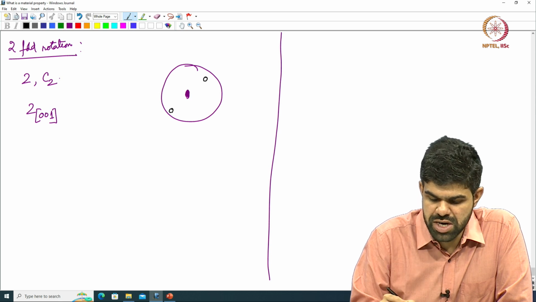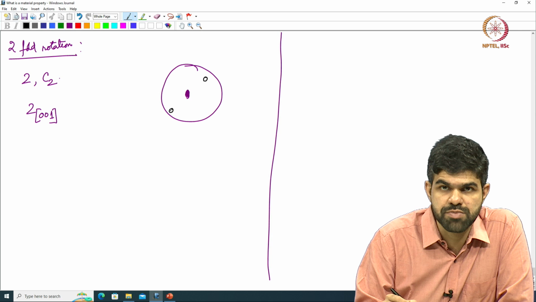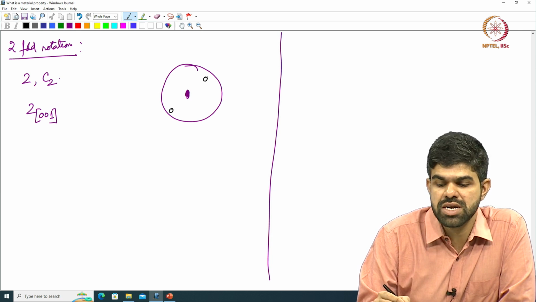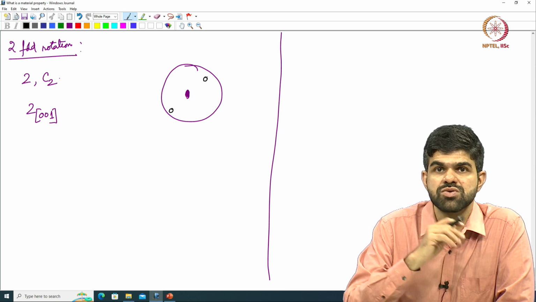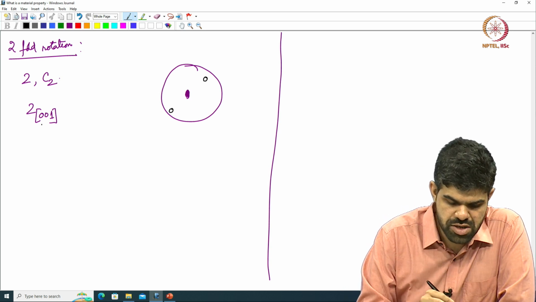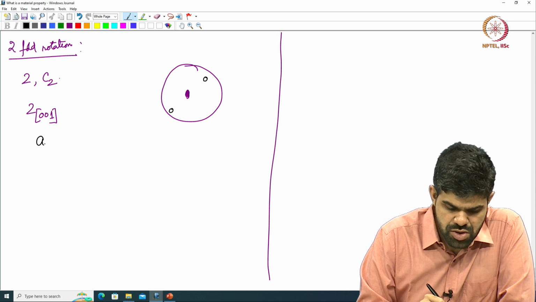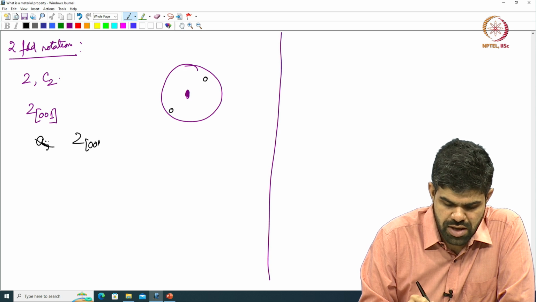Again, if I rotate this by two-fold, by 180 degrees, I have the same asymmetric object here. If I rotate it again by 180 degrees, it comes back to its original position. So, this is how I represent a two-fold rotation. So, this is 2 0 0 1. So, what is the matrix? Aij for a two-fold rotation or 2 0 0 1.